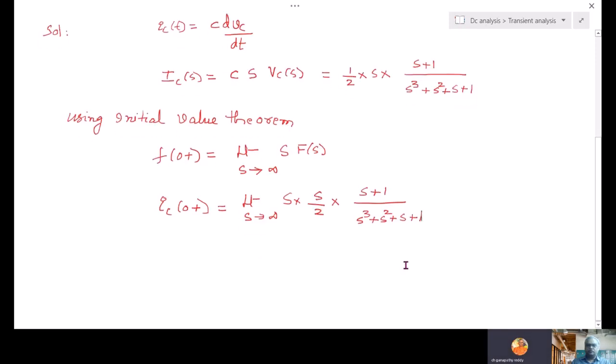So this we have to simplify. How to simplify this one? Limit s tends to infinite s square by 2. In the numerator, s is common, 1 plus 1 by s; by s cube common, 1 plus 1 by s plus 1 by s square plus 1 by s cube.